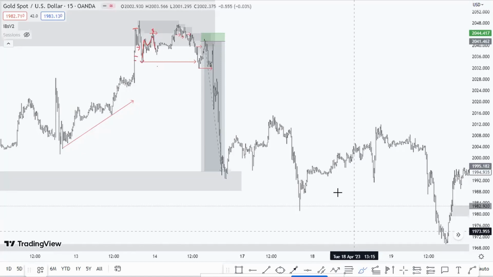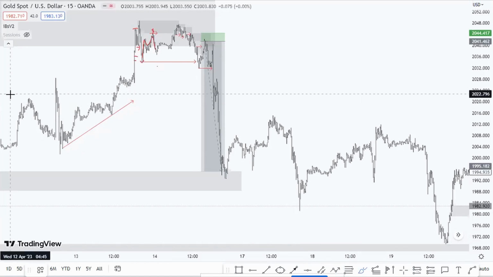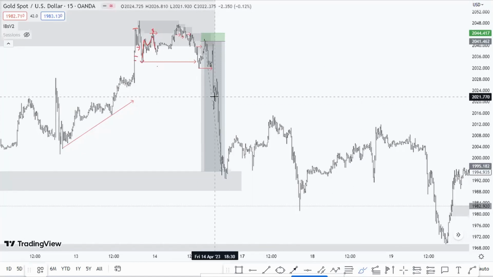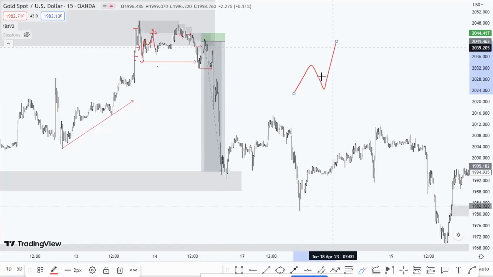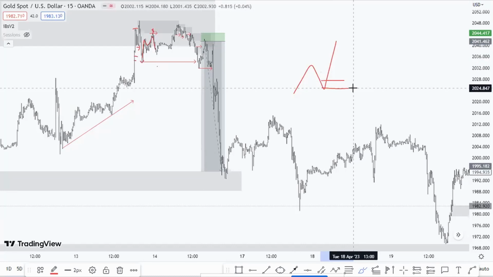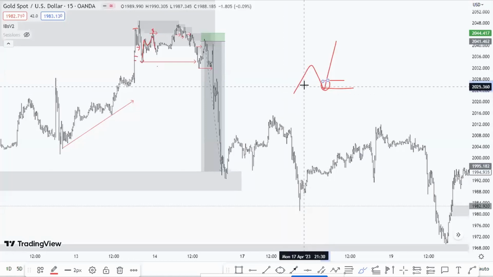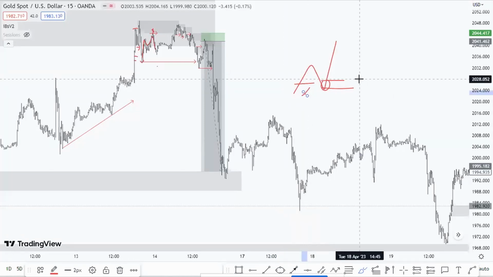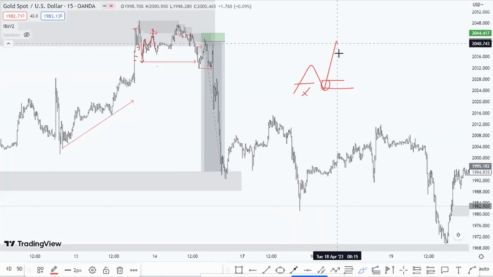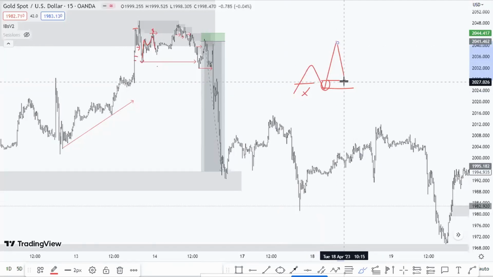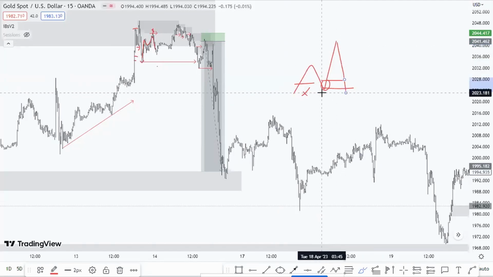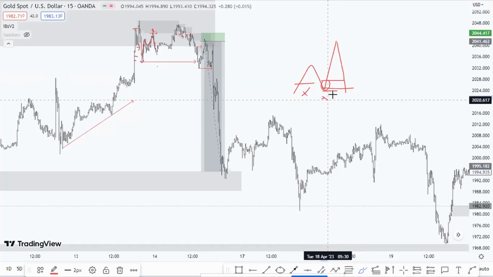I also have marked. In the beginning of my trading, I marked this as the supply zone, demand zone, and this demand is not the POI which took the liquidity from the backside. When it comes to the downside, most of the time it sweeps this low and goes away.